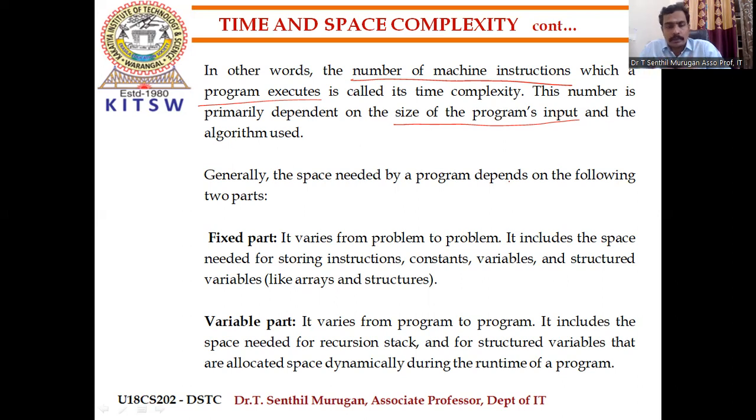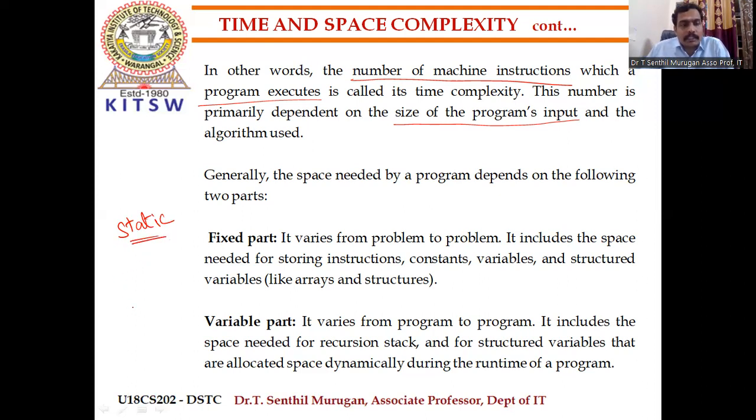And the variable part means dynamic memory allocation. At the time of execution, it will ask for a number of variables, and accordingly the operating system will allocate the memory. Already we know static memory allocation and dynamic memory allocation. What is static memory allocation? When we declare the variable, the memory will be allocated for the variable or constants.